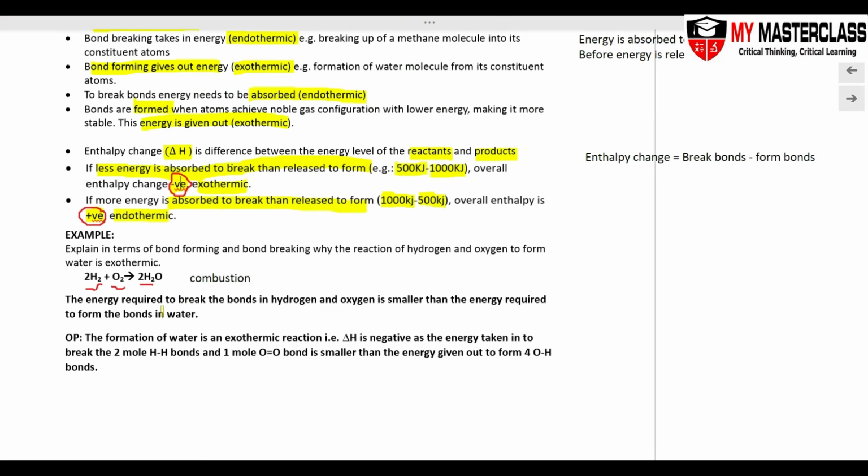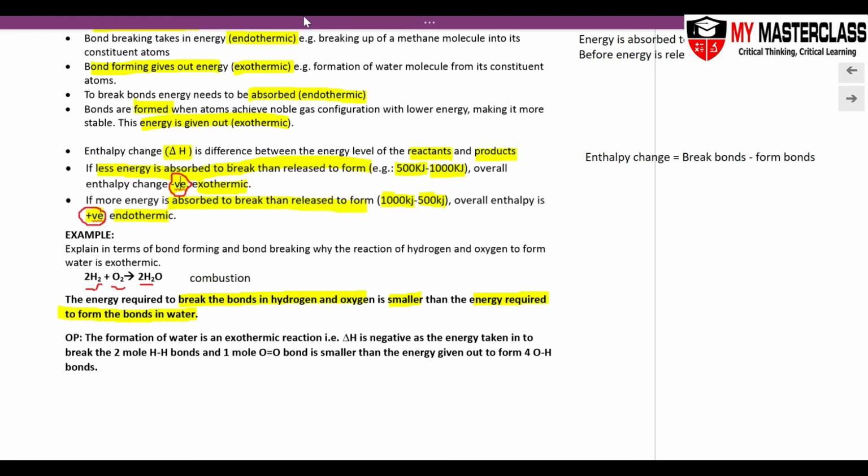Okay, so how do we explain it? The energy required to break the bonds in hydrogen and oxygen is smaller than the energy required to form bonds in water. To repeat myself, the energy required to break bonds is smaller.